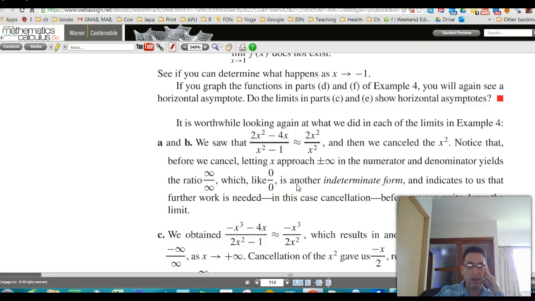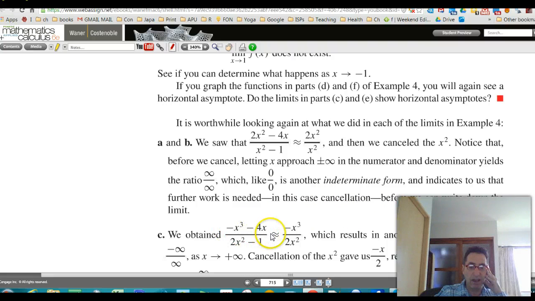It means we can't really say what it is. So what we did was we canceled the x squares, but if we had instead just put in infinity on the top and infinity on the bottom, we would have gotten this, which is similar in some sense to this. It's called an indeterminate form and indicates to us that further work is needed, in this case cancellation, before we can write down the limit.